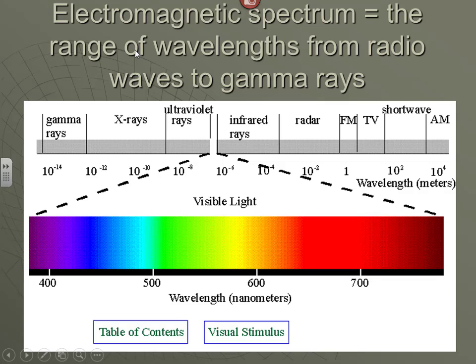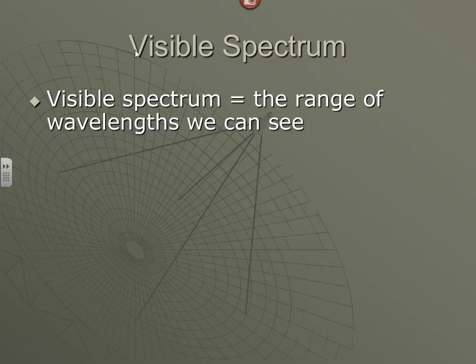One thing that's interesting about visible light, notice down here, each color has its own wavelength. Each color has its own frequency. That makes for some very interesting properties about light and color. Remember, the visible spectrum is the range of wavelengths of energy that we can see. Not very much.